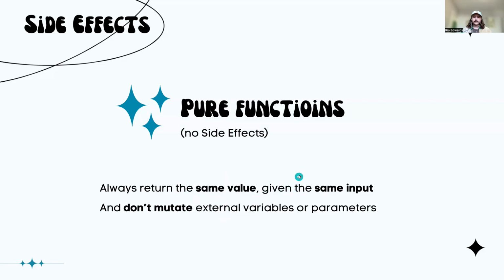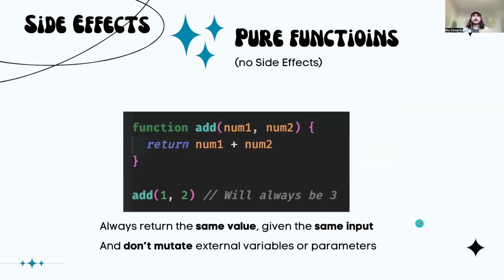So if you input the same parameters to your function, it doesn't matter how many times you run that function, it should always return the same value. And it shouldn't affect anything else. It shouldn't touch or interact with any other state. It's like a self-contained, isolated system.